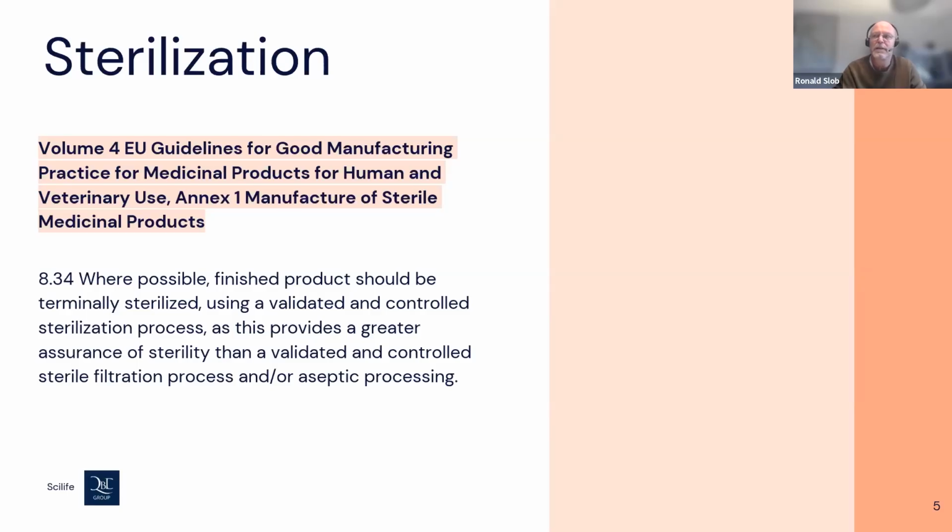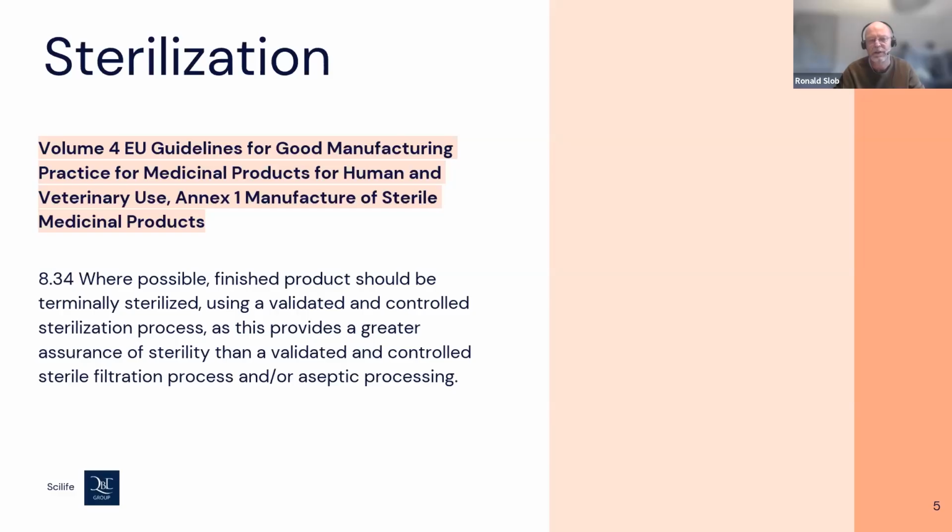Most of the things that are common within the practices within the pharmaceutical industry, and also in other industries, is the use of steam. Steam is the most common way of sterilizing, and it always will be preferred. If you can do a sterilization by steam, then you will use it.